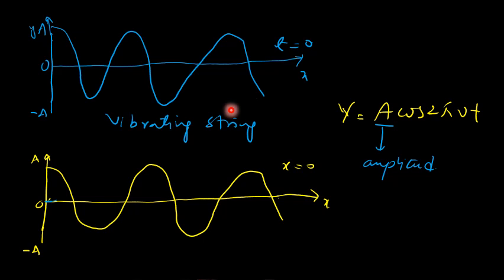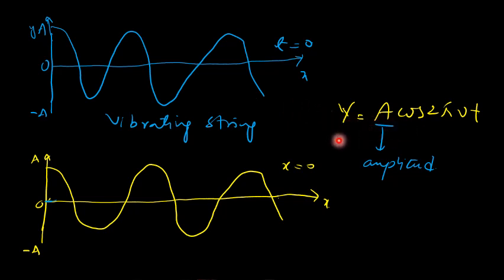But the complete description of the wave, a complete description of this displacement, requires that we should know the value of y at any point along the x-axis and at any time t.